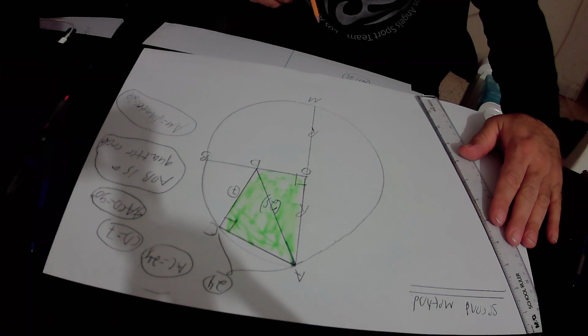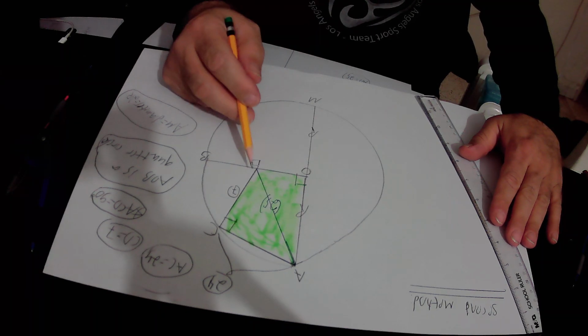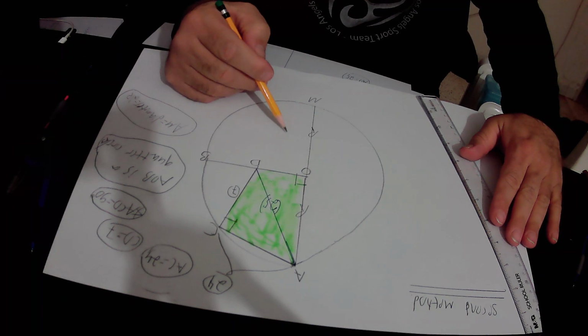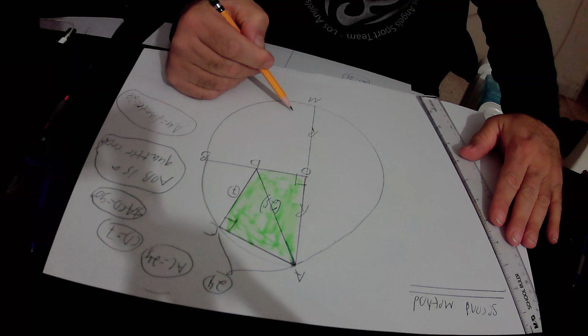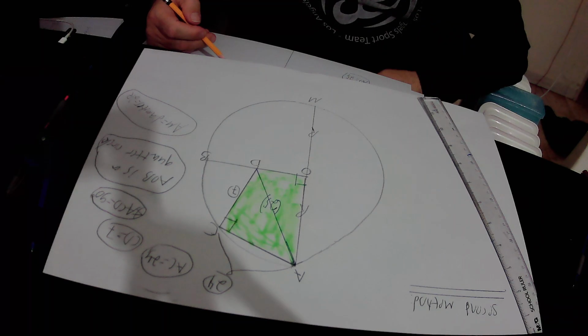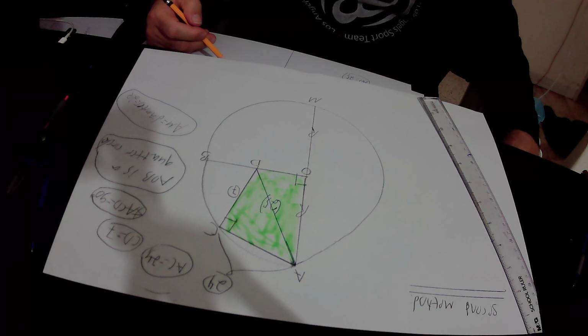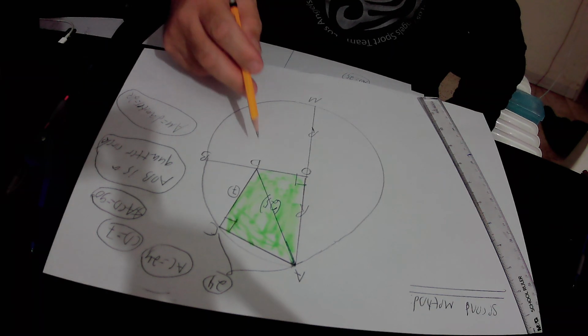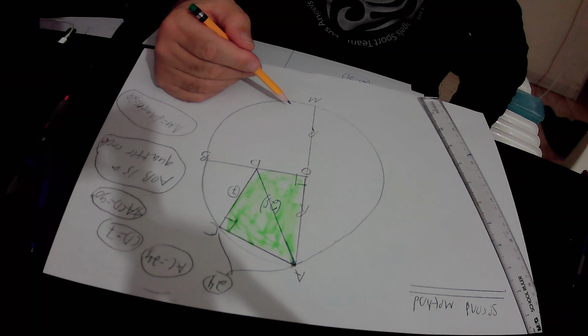In the next step, we'll extend side CD by a straight line until it touches the circle. The question is where the extended side CD will touch the circle.